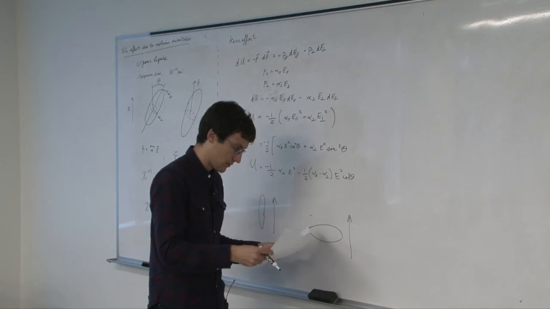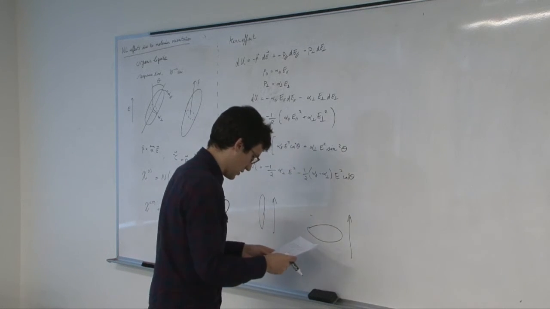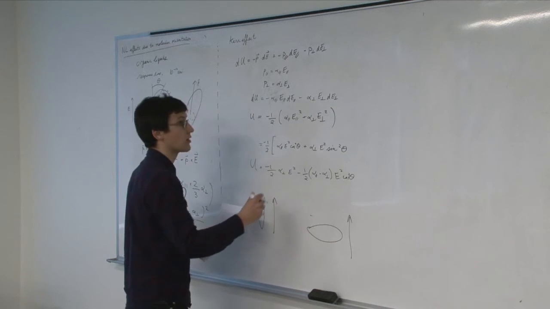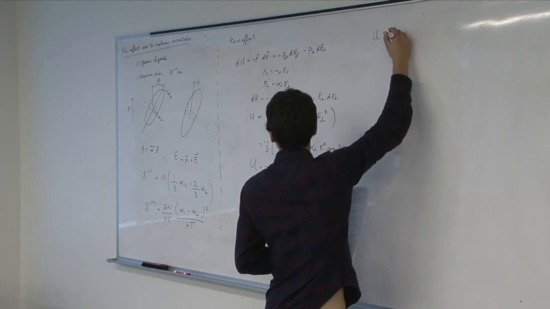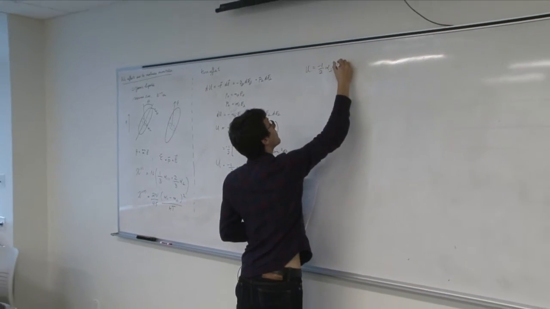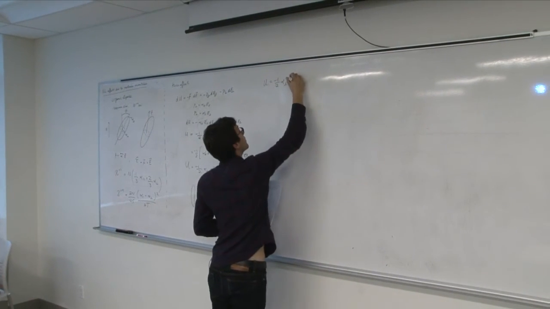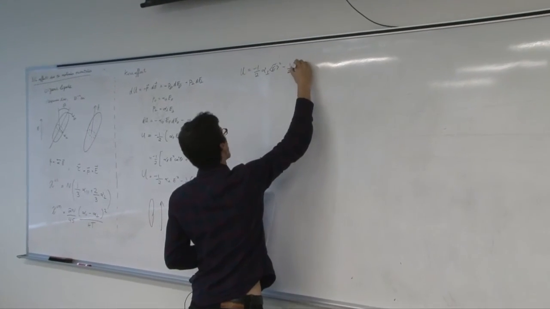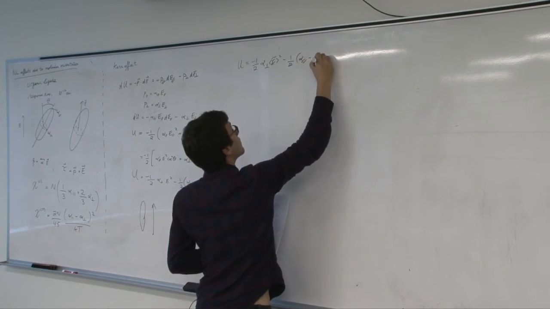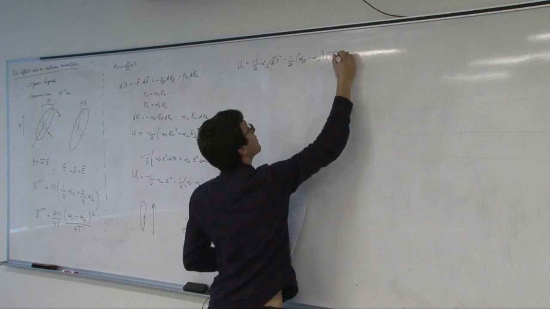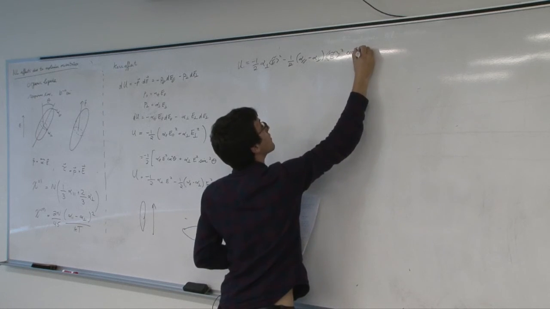So I can write it directly. This is basically just what we can do. Just write it down. So U is equal to minus 1/2 alpha perpendicular E square minus 1/2 (alpha parallel minus alpha perpendicular) E square cosine square.